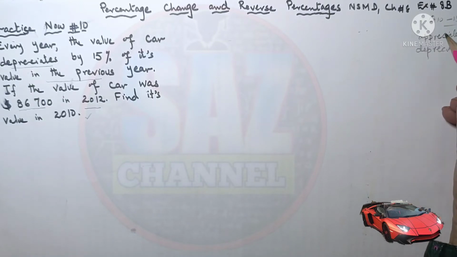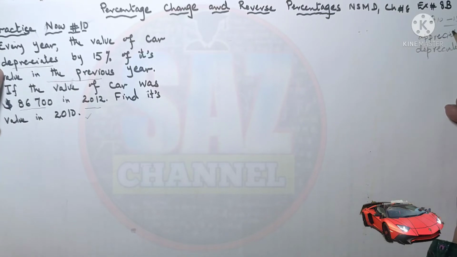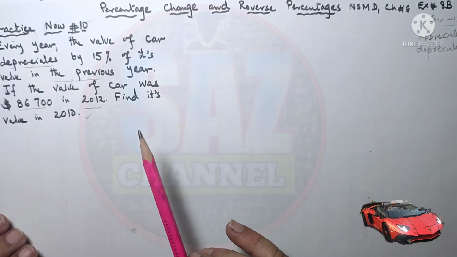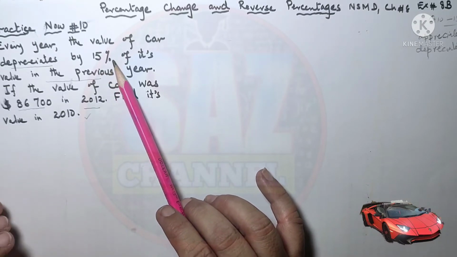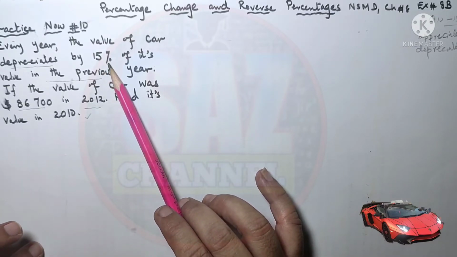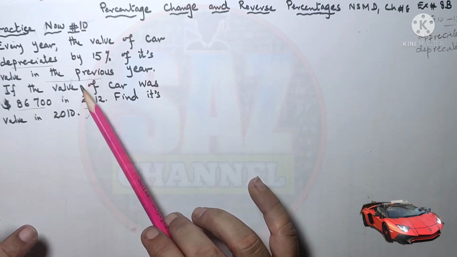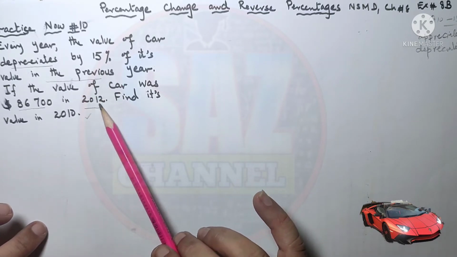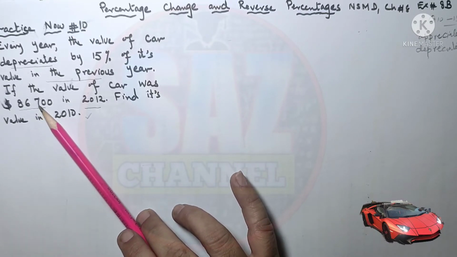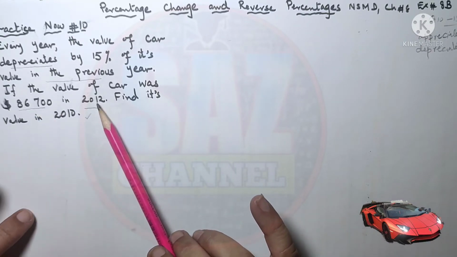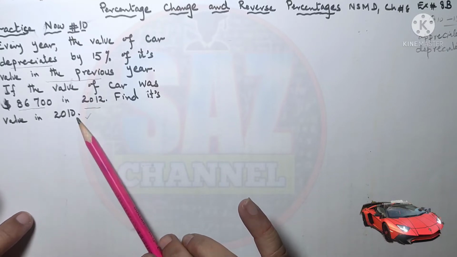Okay, so I hope you are clear about these two terms. And now the problem is that every year the value of the car is decreasing by 15%. Then the information given is that in 2012 the value of the car is $86,700, and we have to find the value of that car in 2010.